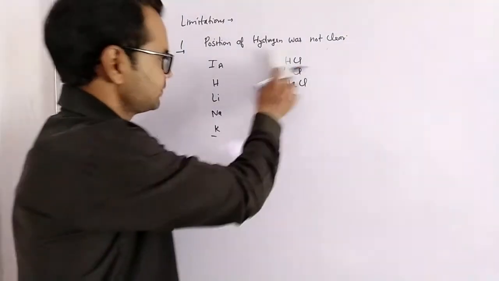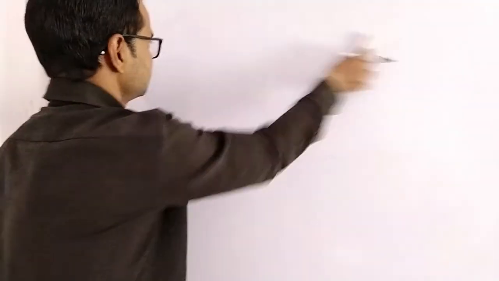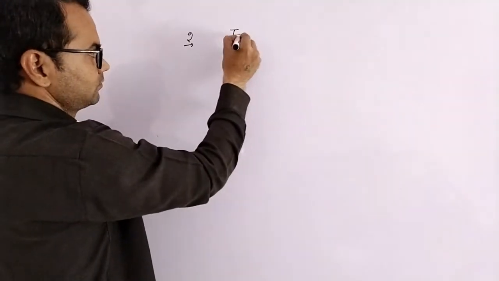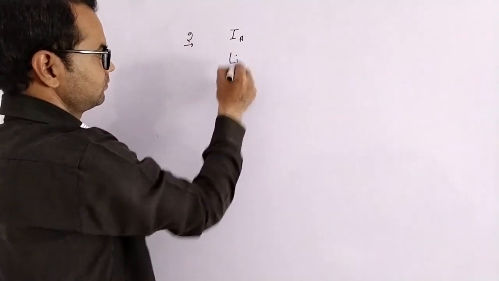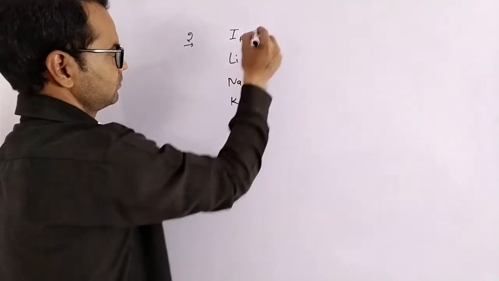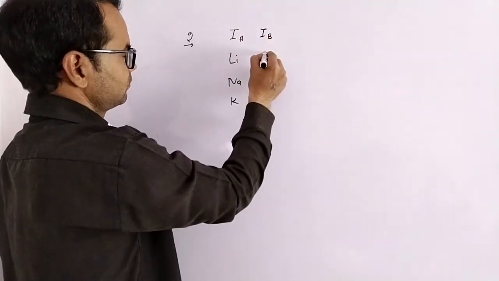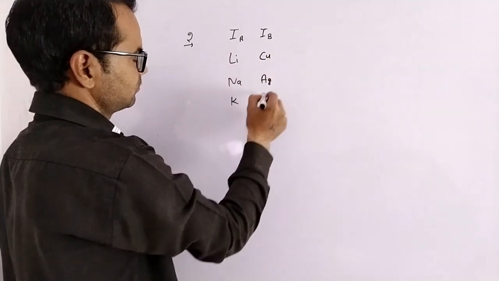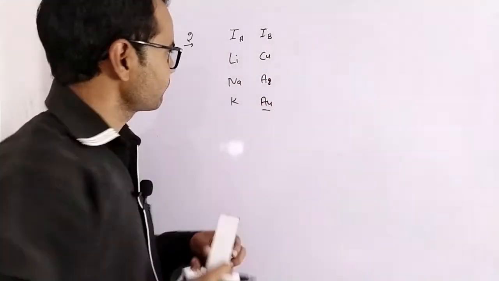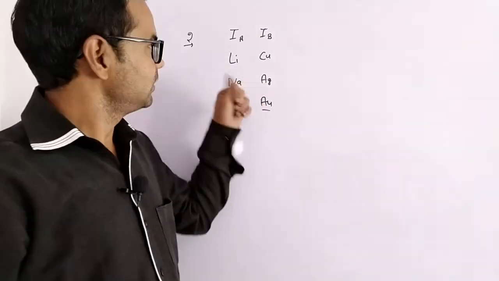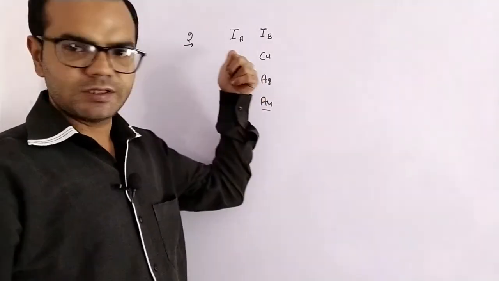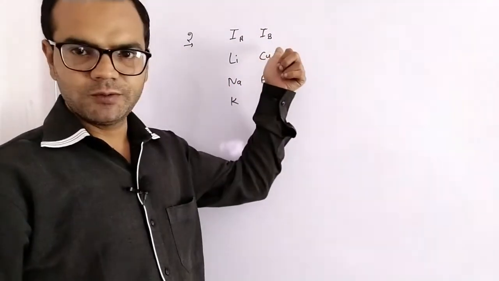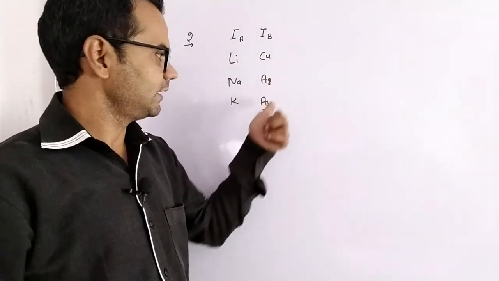Second, he arranged 3 elements in first A group: lithium, sodium, and potassium. On the other side, in first B group, there were 3 elements: copper, silver, and gold.